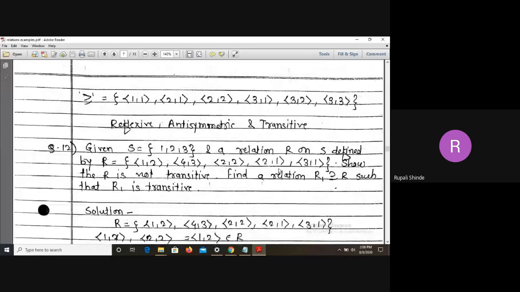Have you understood? Do you have any doubt regarding any question? Things so far we have seen.